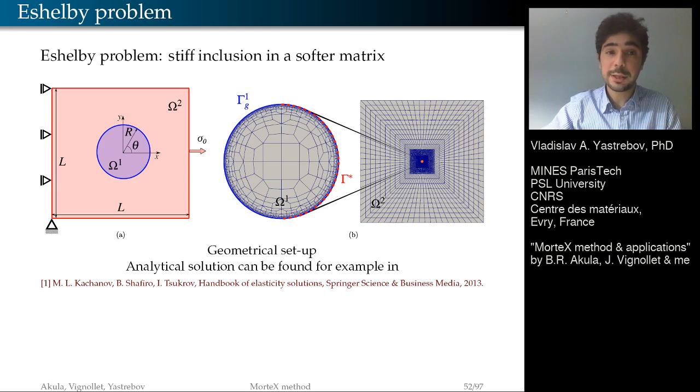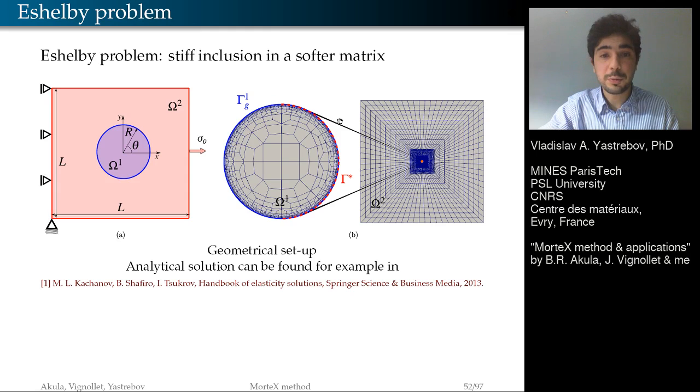Here we consider the Eshelby problem, which has an analytical solution. We will consider a stiffer inclusion in a soft matrix, and the inclusion will be meshed more finely than the host mesh.